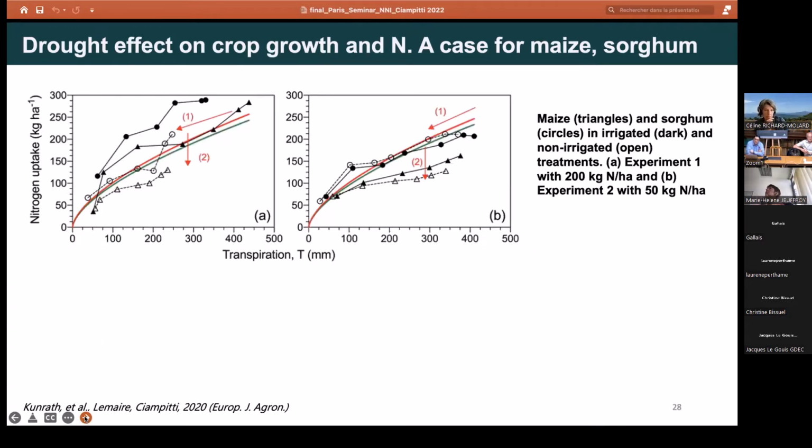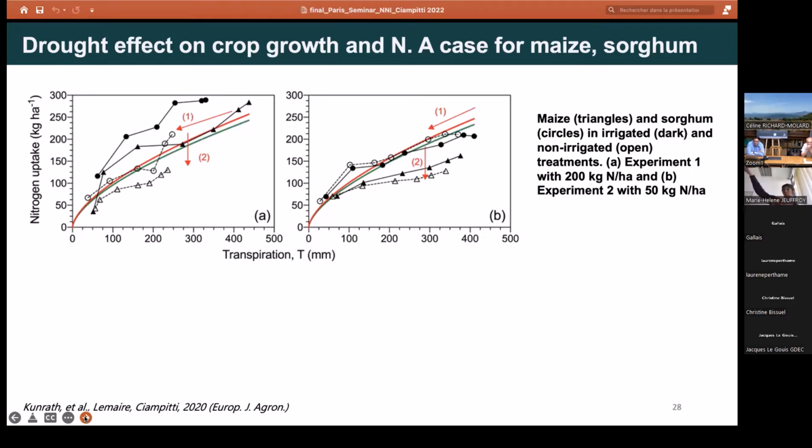The most important aspect from this research, specifically looking at this graph, is rethinking connecting nitrogen uptake to transpiration. So if we need to start developing concepts of how we connect and quantify well the effect of water, we need to start thinking about measuring these elements. I mean, nitrogen uptake.